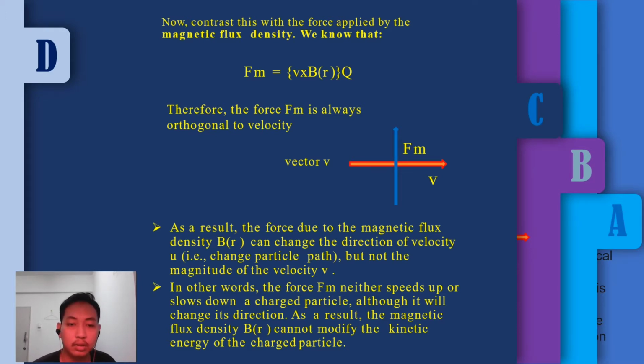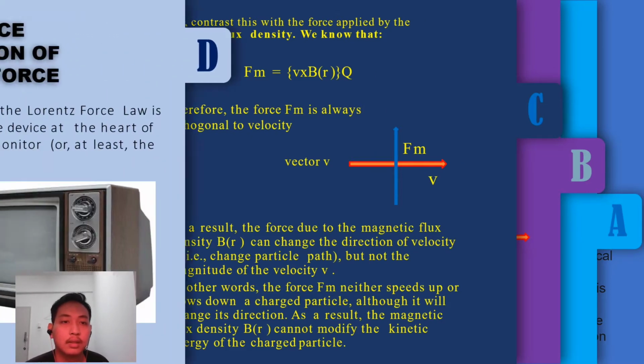In other words, the force Fm neither speeds up nor slows down a charged particle, although it will change its direction. As a result, the magnetic flux density B cannot modify the kinetic energy of the charged particle.